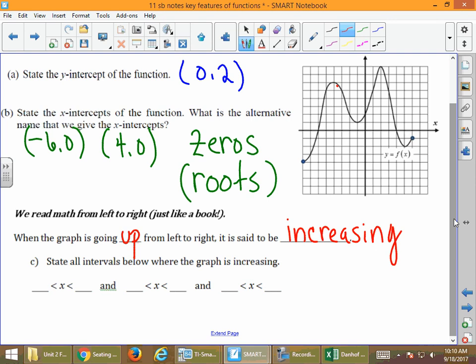The x value of our blue point at the far left is negative 8. We'll fill that in our first blank.